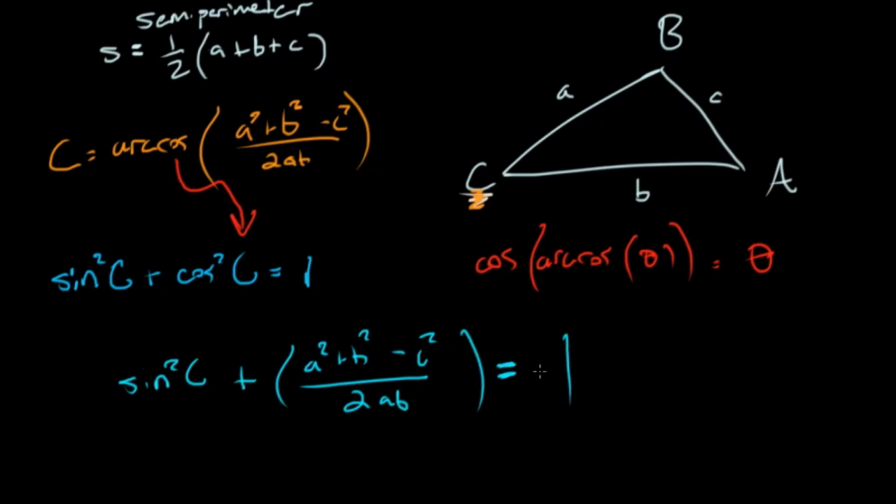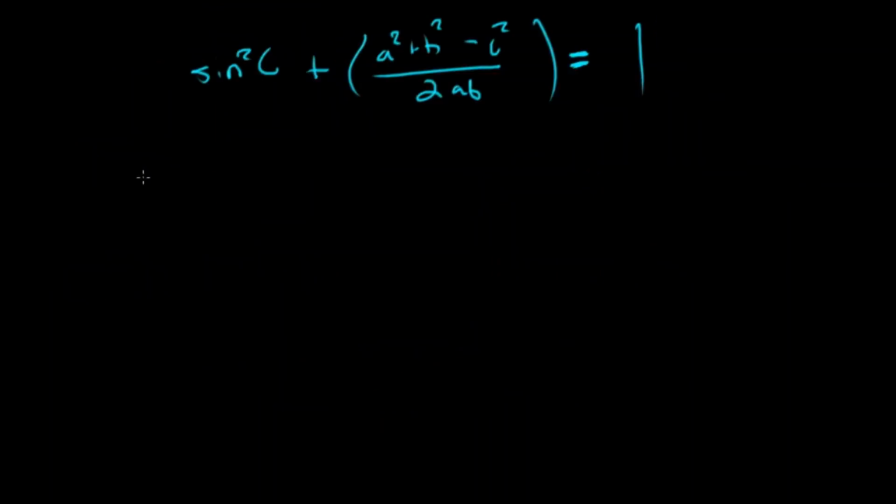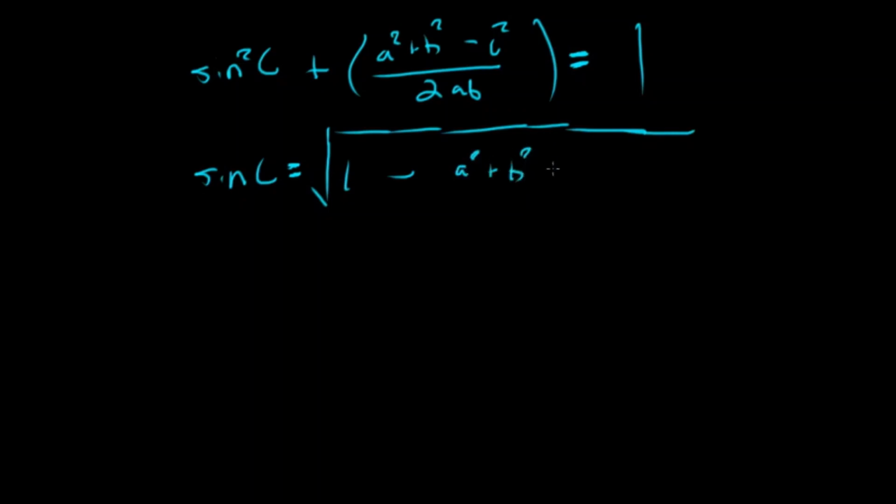I'm going to take this thing to the next page. Why is this thing useful? Because let's solve for sine C. So sine squared C is equal to 1 minus, and I'm going to take the square root of both sides, 1 minus a squared plus b squared minus c squared all over 2ab.